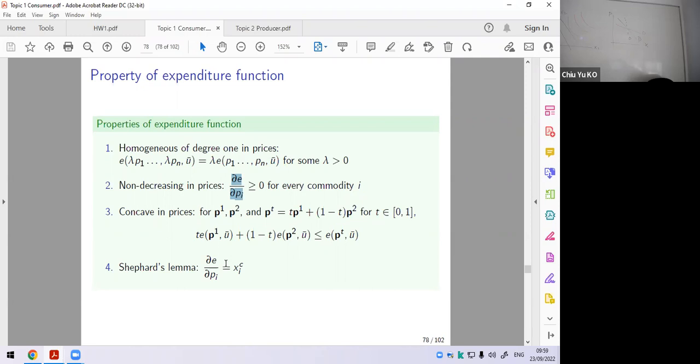So I just look at the E and the E star, and based on this, the change in E will be just 3 times the change in the price, okay? And that's why this will be just 3, which is just the x_i, right? Of course this comes from the envelope theorem. Nothing deep here.